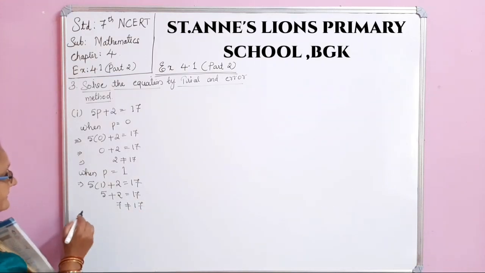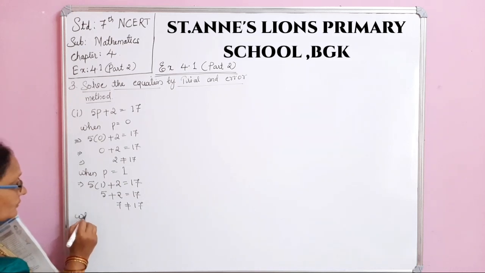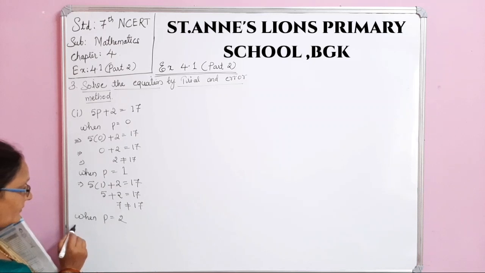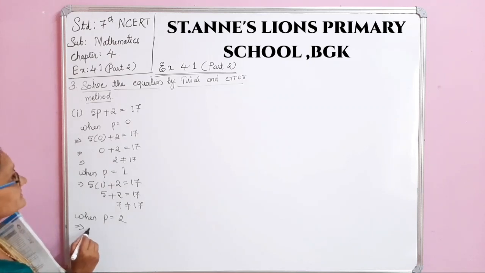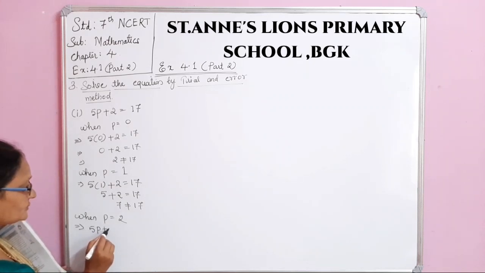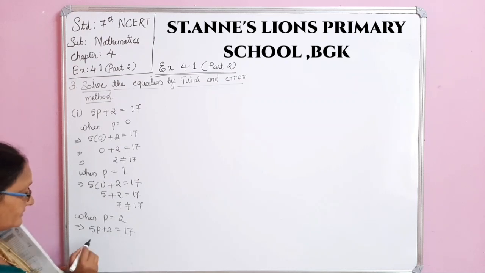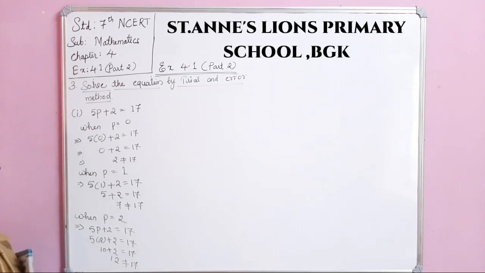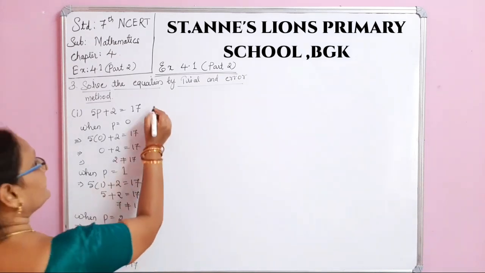Then when p equal to 2, what is the equation? 5p plus 2 equal to 17. So in place of p we have to put 2. 5 2s are 10 plus 2, 12 is also not equal to 17. So this is also not the value.